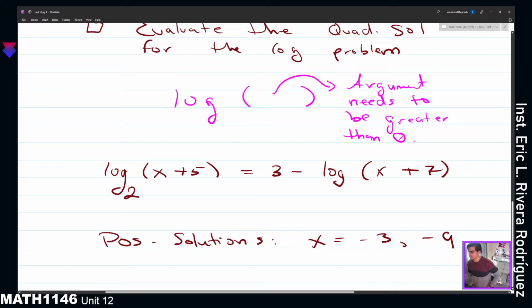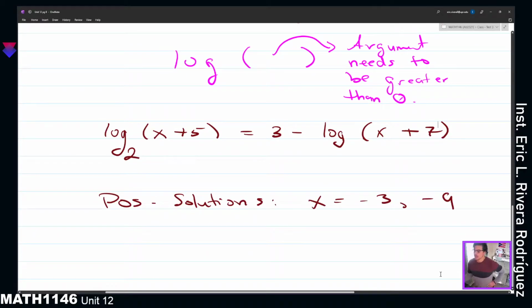If you plug in -3 on both arguments here, you are going to get a positive value, for example. Let me just put the argument here and evaluate with the possible solutions.